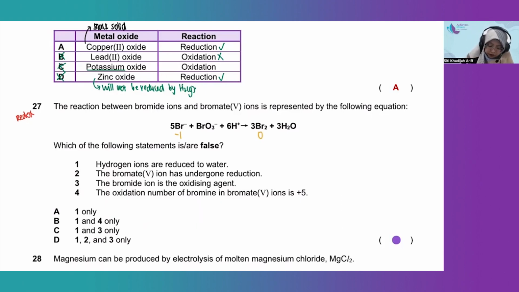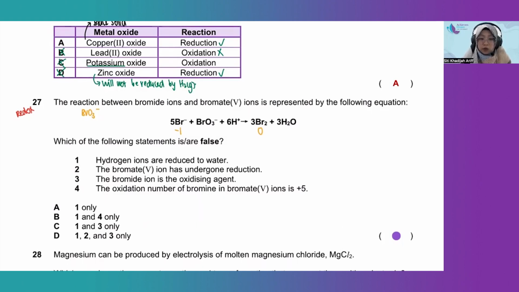Now we take a look at the bromate(V) ion with the formula BrO3 minus. The oxidation state of oxygen in most compounds is minus 2. We have 3 oxygen atoms, so multiplying by 3, the total is minus 6. Let the oxidation state of bromine be X in this ion.